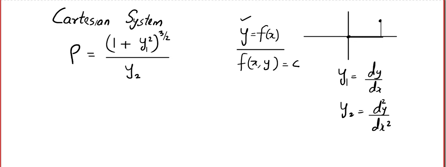Now, if you want the radius of curvature at a particular point, then all you have to do is plug in that point. They will of course mention that point in the question. For example, they will ask what is the radius of curvature at h comma k. So what you do is you just find our radius of curvature in general, and finally you plug in x is equal to h and y is equal to k. So remember, the formula for radius of curvature in general means it can be at any point on the curve.